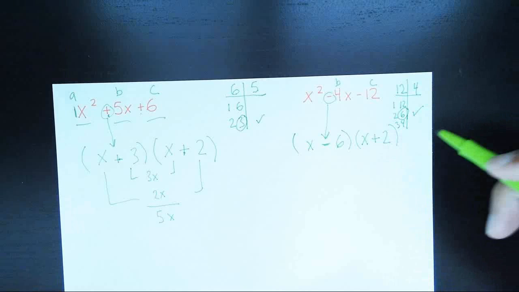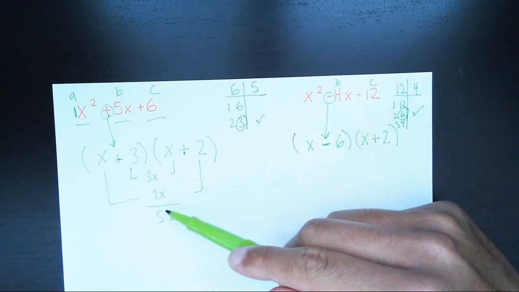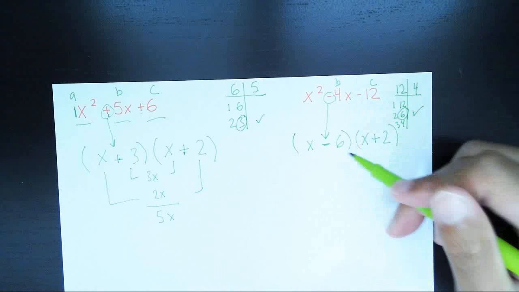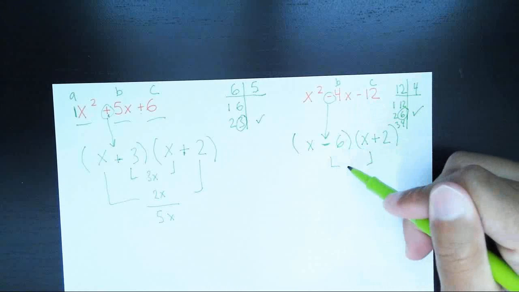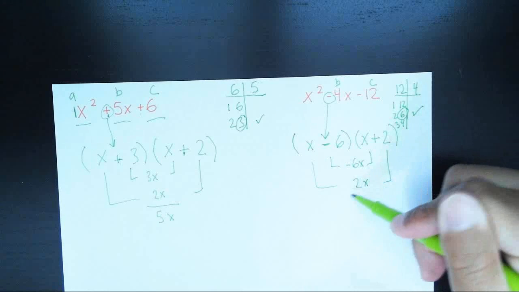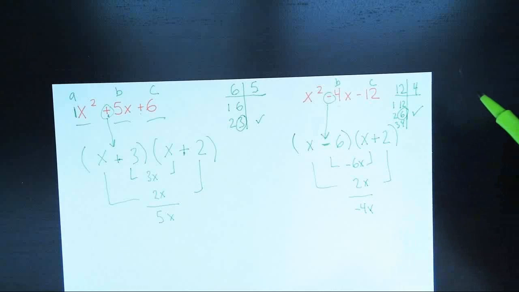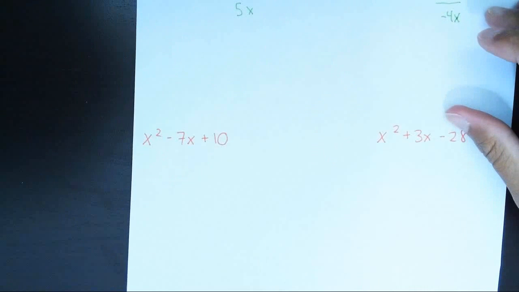And you could try it out by FOILing it out, or just working the insides and the outsides and seeing if it adds up to give you 4. Let's see. Negative 6 times x, negative 6x, x times 2, 2x, combine them, negative 4x, and it does match up with the b. Okay? So let's try a couple more, just so that you can get some extra practice.